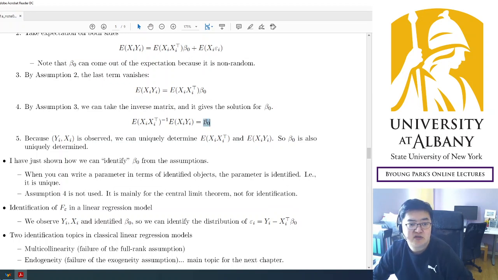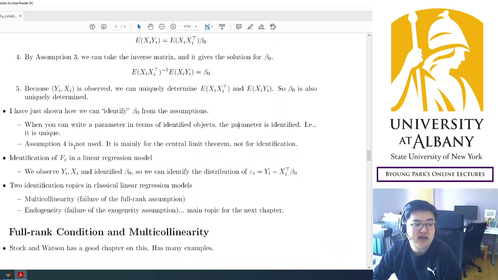So simple. It means that you can just calculate the expected value of xy and the expected value of xx transpose, then you get beta. So it's uniquely identified. And assumption 4 is not used because that assumption is mainly for the central limit theorem, which will be used later.